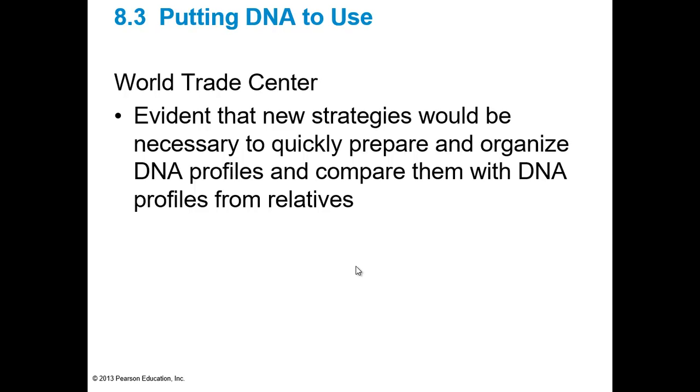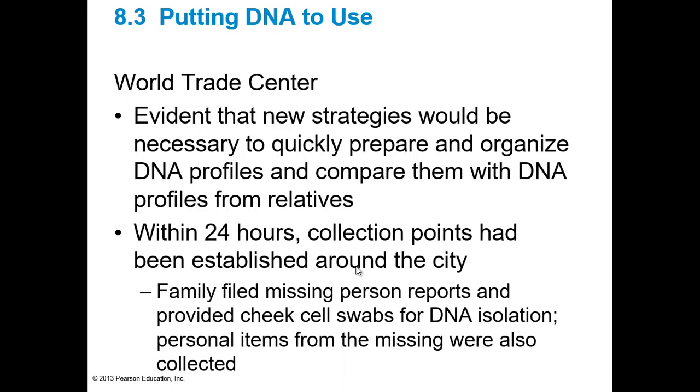And because people lost their loved ones and wanted answers very quickly, the forensic scientists involved in the World Trade Center terrorism attack had to profile DNA very quickly. If somebody was missing a relative, they would submit a sample from that relative, or if they were a brother or sister of the relative, they could submit their own sample, and then they could do DNA profiling that way.